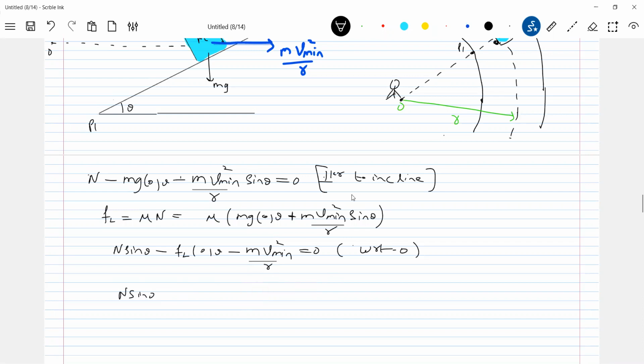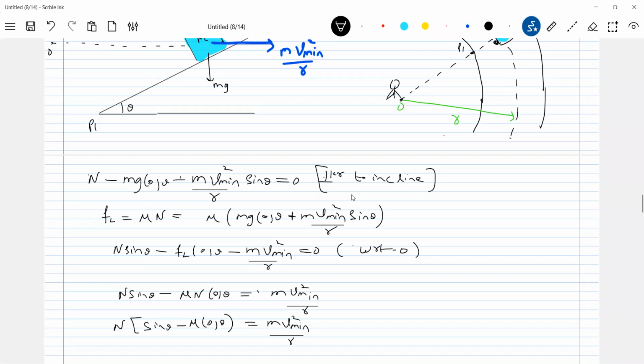N sine theta minus mu N cos theta. I'll take N outside: N times sine theta minus mu cos theta. What is N equal to? mg cos theta plus this one.